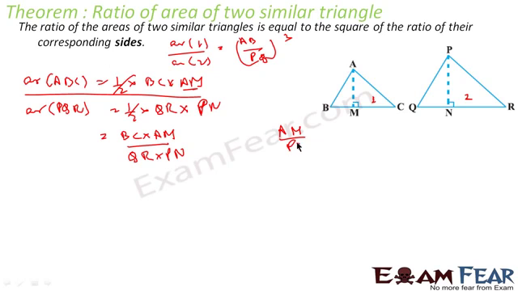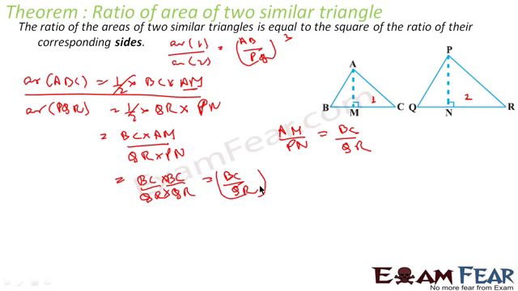We know that AM by PN, ratio of altitude, is equal to ratio of side. We take any side, that is BC by QR. So instead of AM by PN, we write BC by QR. That is nothing but BC by QR into BC by QR. This is nothing but BC square by QR square, or BC by QR whole square.